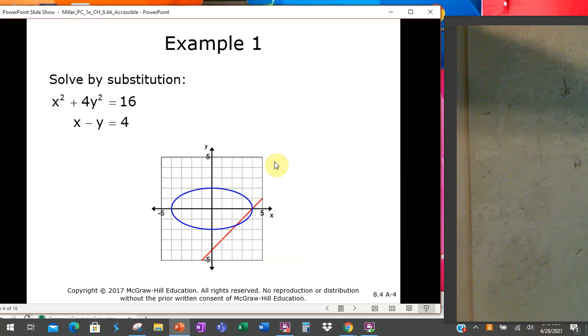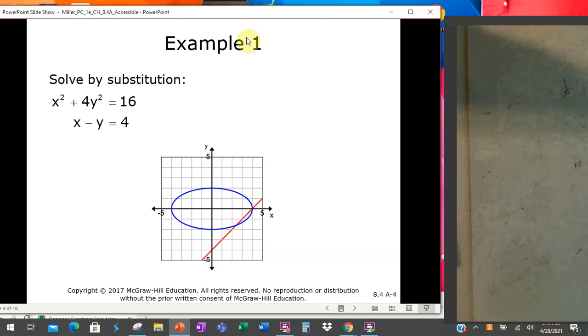So if I'm doing it by the graphical method, I would go to Desmos, graph them, and then identify where these two cross, and that would be the solution. The x, this xy, and then that xy, and I'd write them as a solution set as an ordered pair. With linear equations, I would only have one solution.